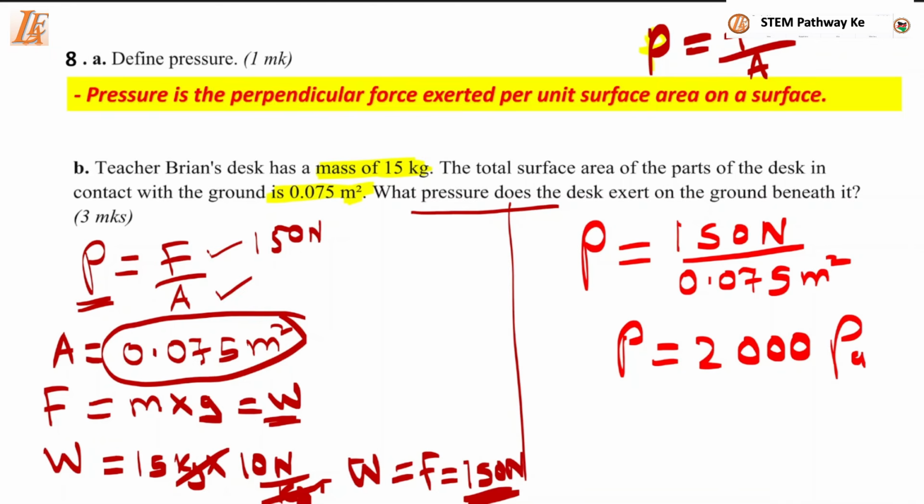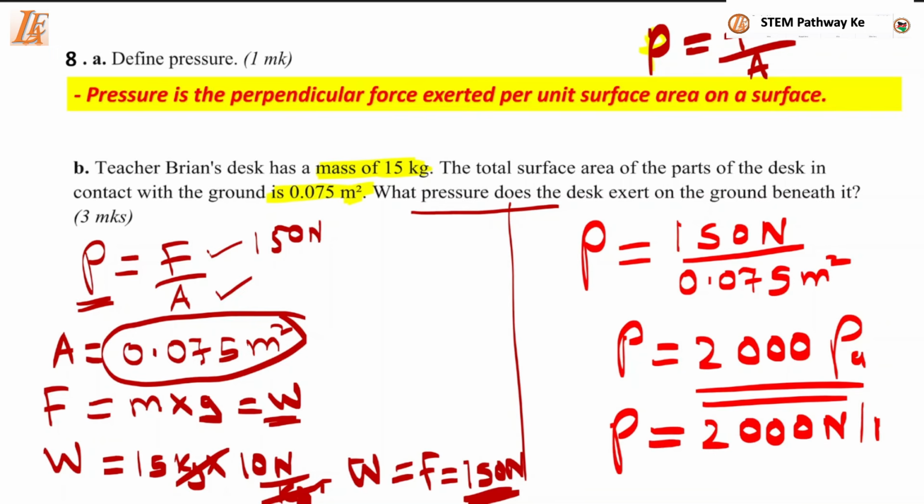We can call it Pascal because Pascal is the SI unit of pressure, or we can say our pressure is equal to 2000 Newton per square meter. So that is how we can calculate that.